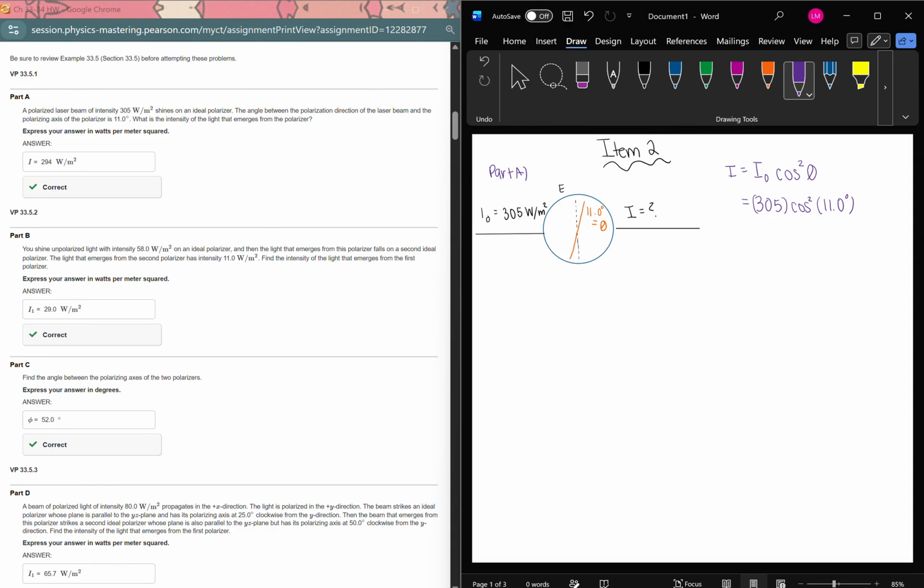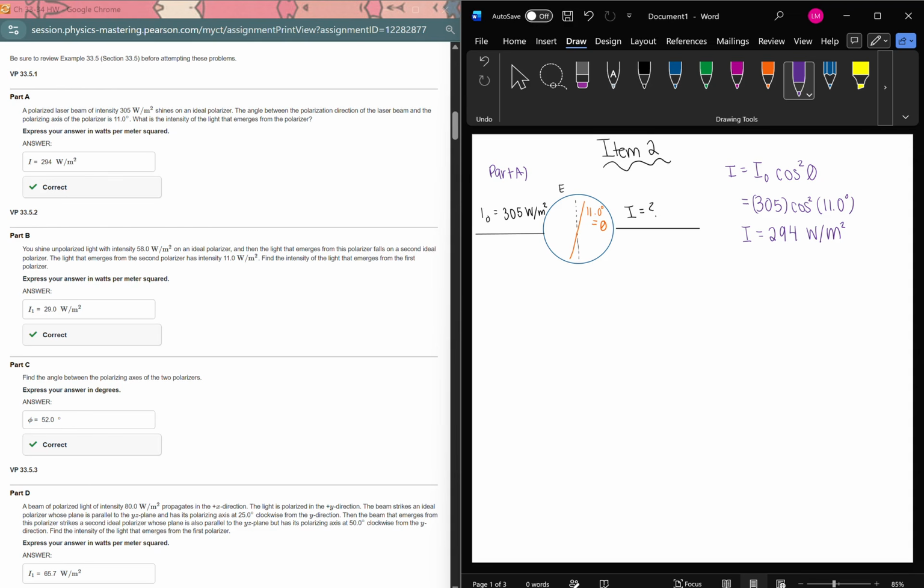So first we're gonna do cos 11 degrees, and then we put that to the power of 2, which squares it, and then I'm gonna multiply that by 305, and I got 293.895. So we're gonna round it, and that's gonna give me 293.9, which is about 294 watts per meter squared.